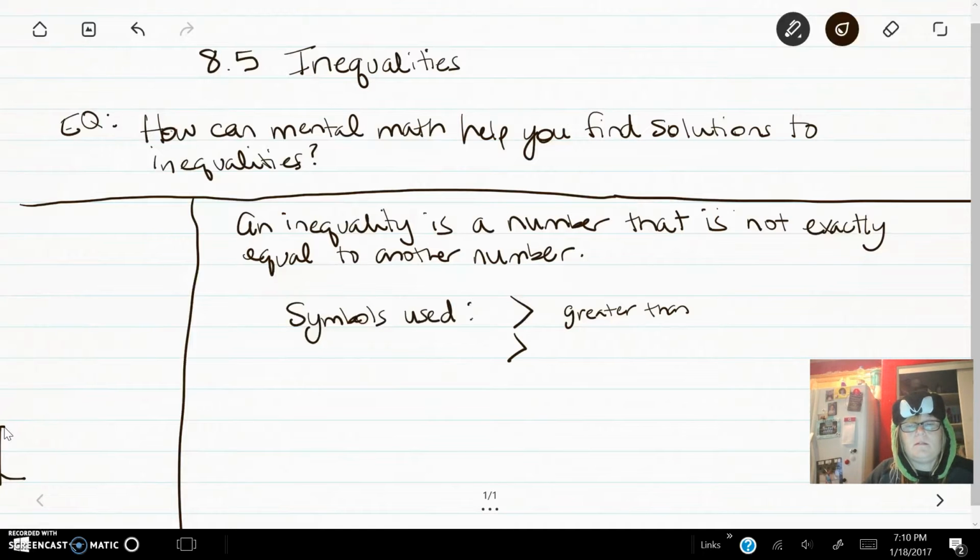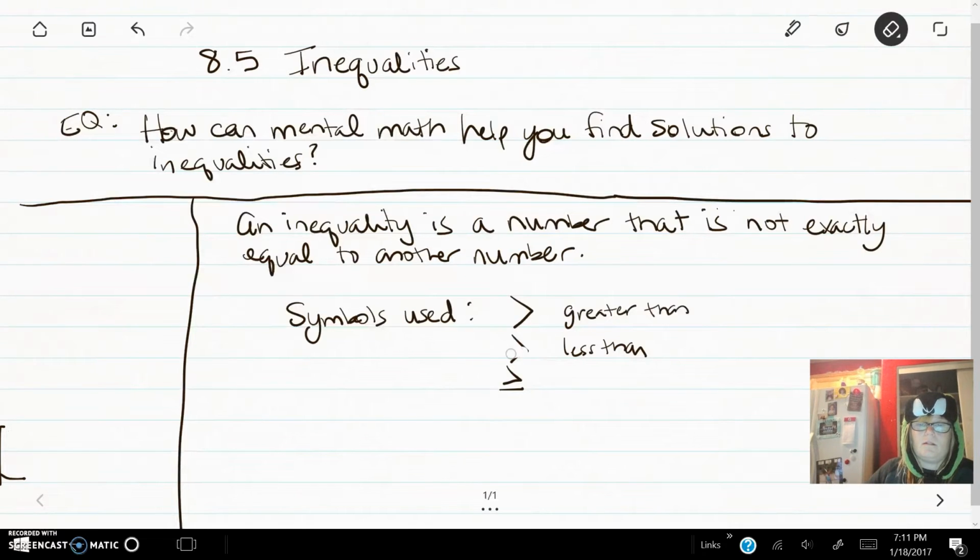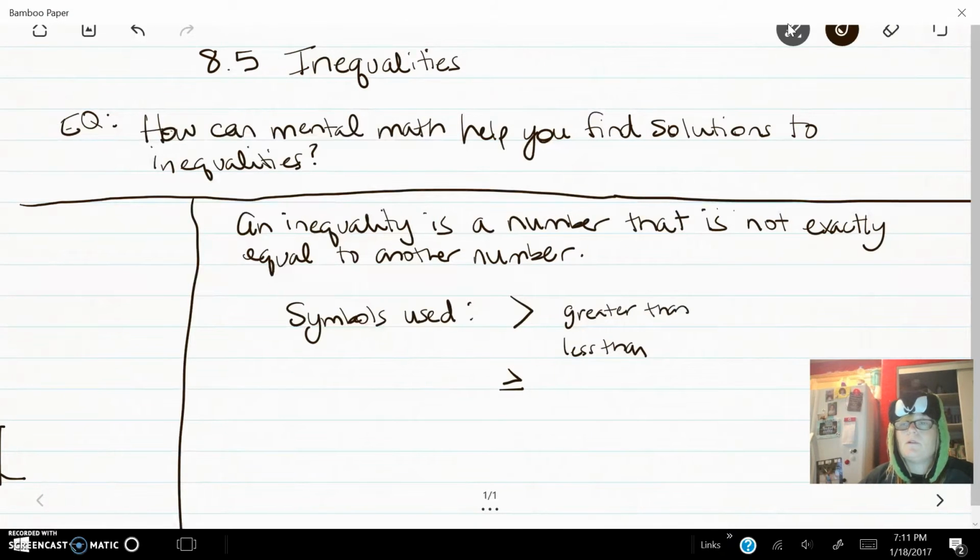This is less than. And then you have this little symbol where it's the greater than, but also a line underneath it. That line underneath means equal to.